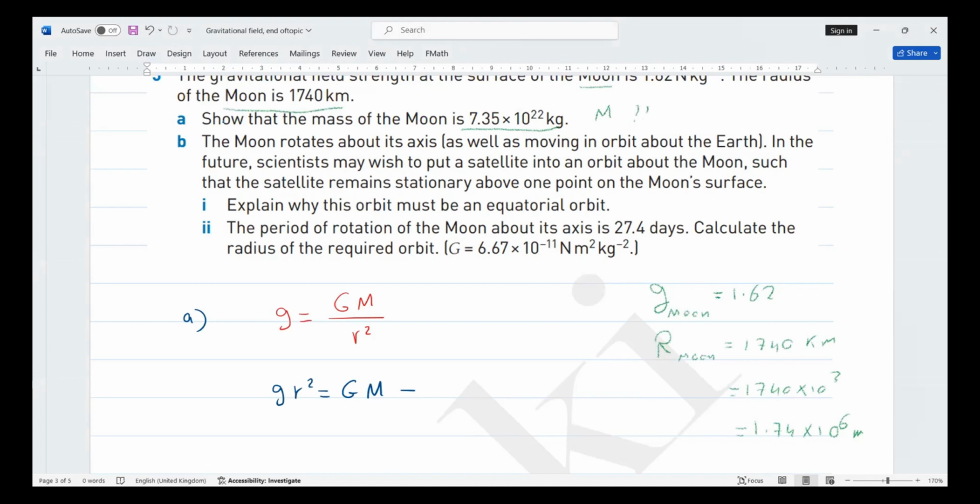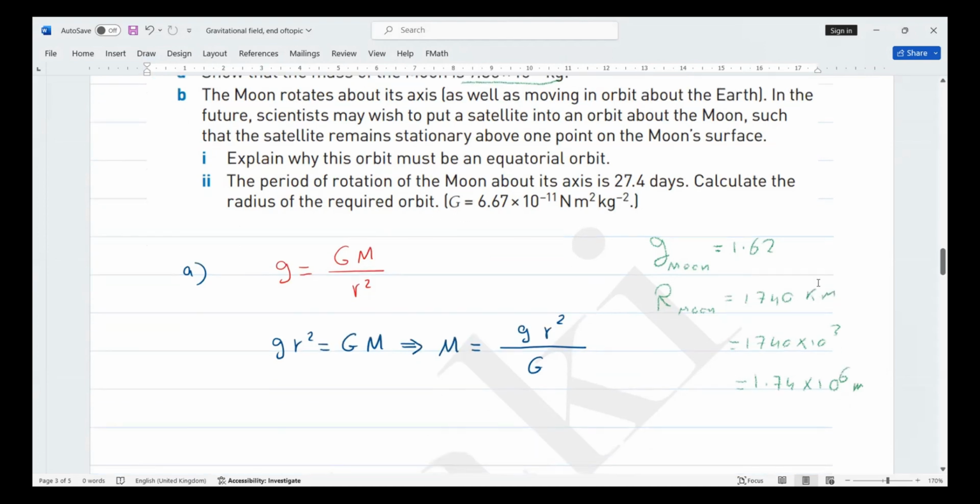From this, we divide by capital G. So M equals g r squared over capital G. Here, on the surface, R is the same as r, because we say on the surface. So this is R, the same as r small. Then M equals g small on the surface, which is 1.62.